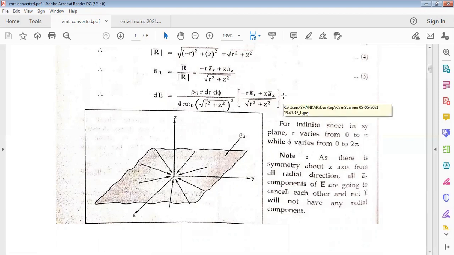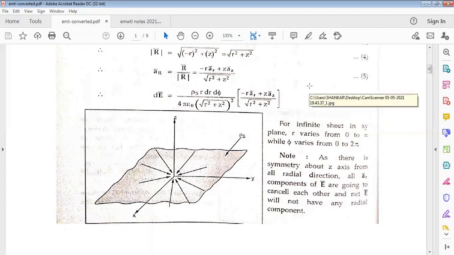We previously saw in the circular ring also that we eliminate the R bar component, and in the infinite line charge we eliminate the Z component. Why? Because the charge is on the Z axis, uniformly distributed, and on that we assume a differential charge dq. Here we are assuming the differential charge on the sheet. So the R component is eliminated because from all the radial directions all AR bar components of E bar cancel each other, and net E bar will not have any radial component.